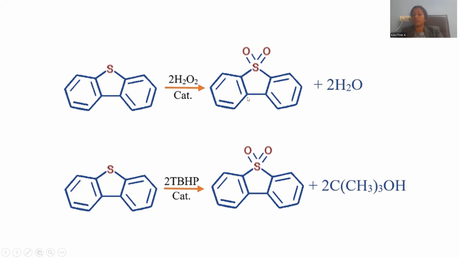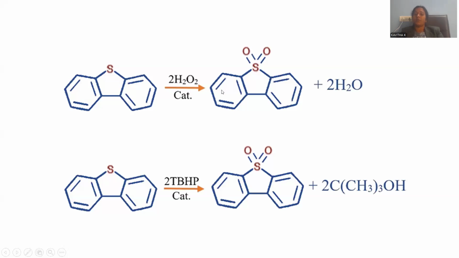Why both are possible? Because it is a kind of benzenoid ring system, it is not a flipped molecule. We are not supposed to move the molecule. That twisting may not be possible. Rather, it is a rigid molecule, being aromatic in nature. That's the reason why, though you're adding two oxygens on the sulfur, it may not create any steric hindrance over there.